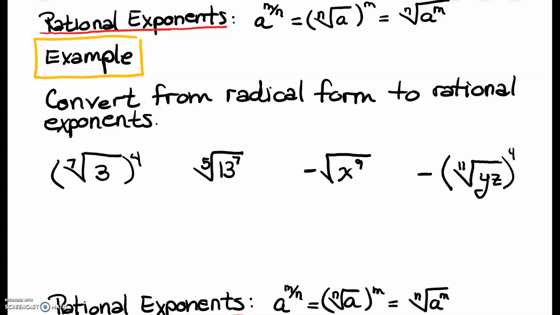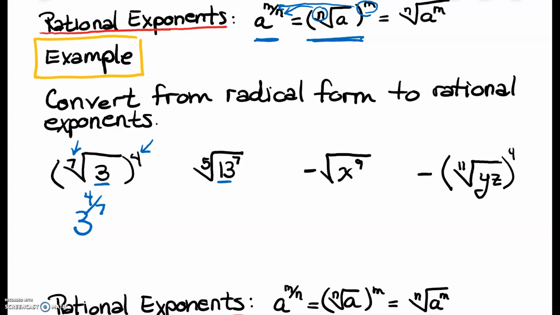So if I am in this form right here, my index is the denominator, my power is the numerator. So I'm going to write my base, and then I'm going to take my power and put it in the numerator, and then my index and put it in the denominator.